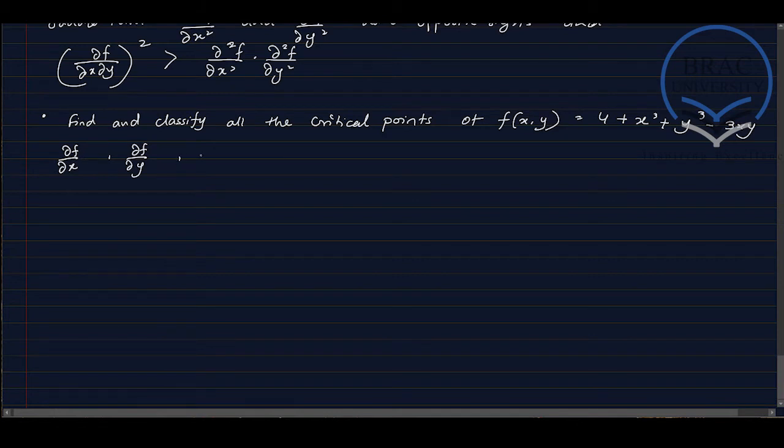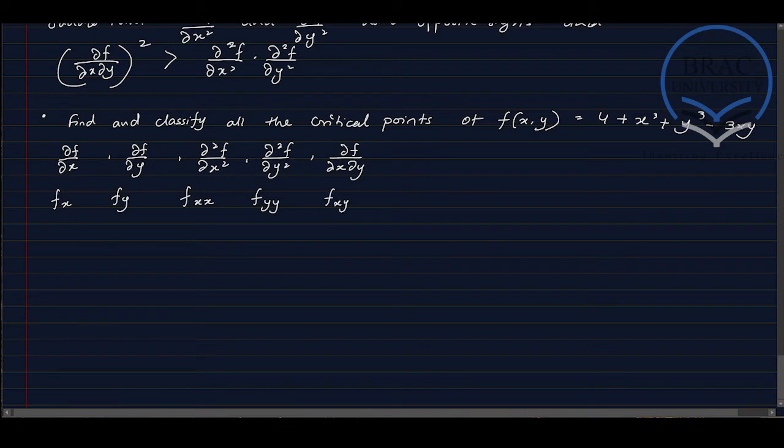And also we need to find the second partial derivatives with respect to x and y both, and we also need to find df by dx dy, which is the mixed partial derivative of f with respect to x and y. Again, these can be written as fx, fy, fxx, because we're differentiating twice with respect to x, fyy, and fxy.